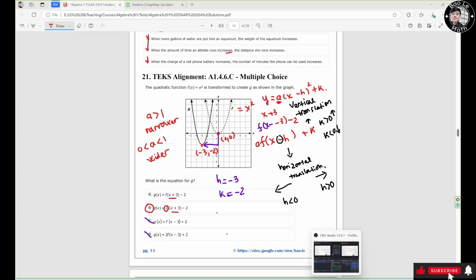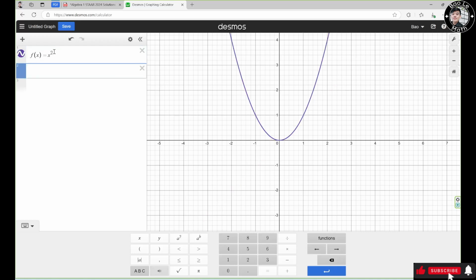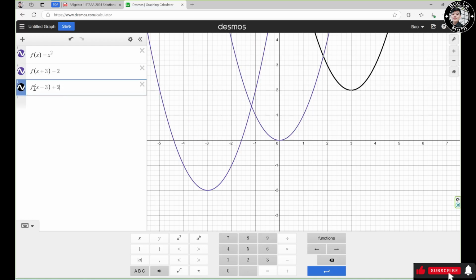Now, if you're not sure, you can use Desmos to check your work, okay? So, you just graph the parent function f of s equals s squared. Now, the first one is going to be f of s plus 3 minus 2 right here. Now, for B, it's going to be 2 f of s plus 3 minus 2.